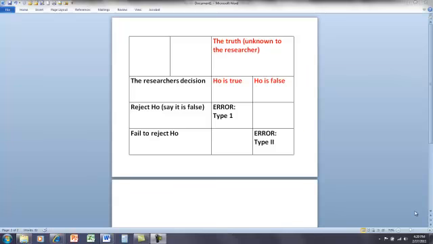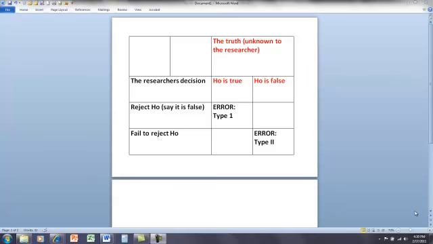The way that we evaluate our research hypothesis is to set up a null hypothesis, which says that the populations are the same, or that one method is the same as another. And then we sample from the populations, compare means, for example, and then make a decision about the null hypothesis.